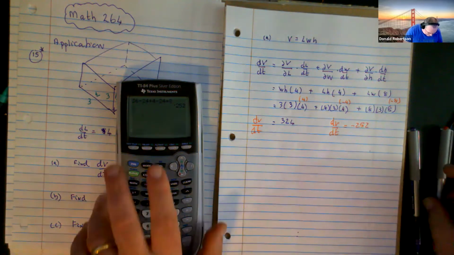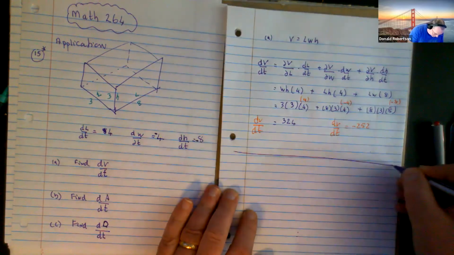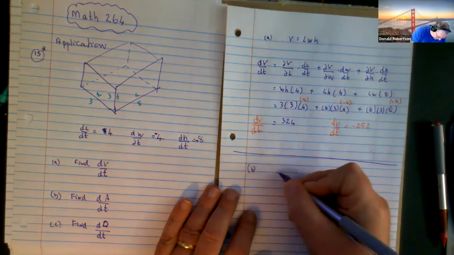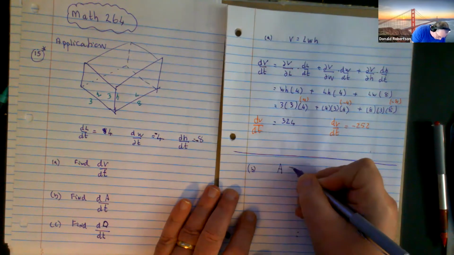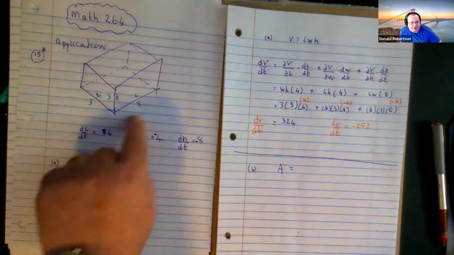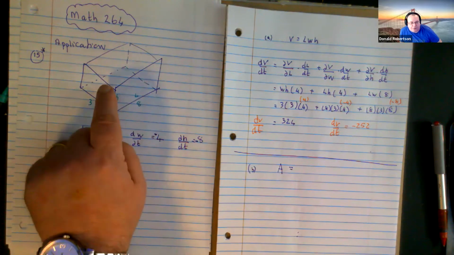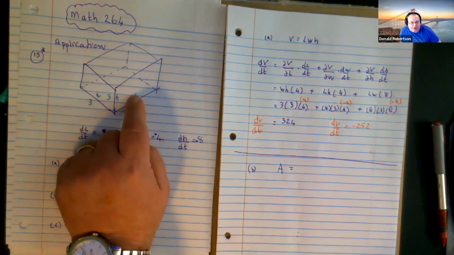Okay. Then the second one is, at what rate is the surface area changing through time? Well, to be able to do that question, I need to find what the surface area is, and it needs to be a function in terms of these 3 variables. Well, the surface area is basically the sides of this cuboid added up.